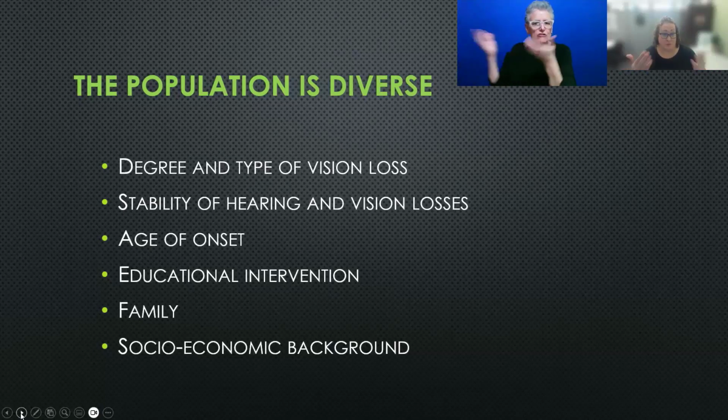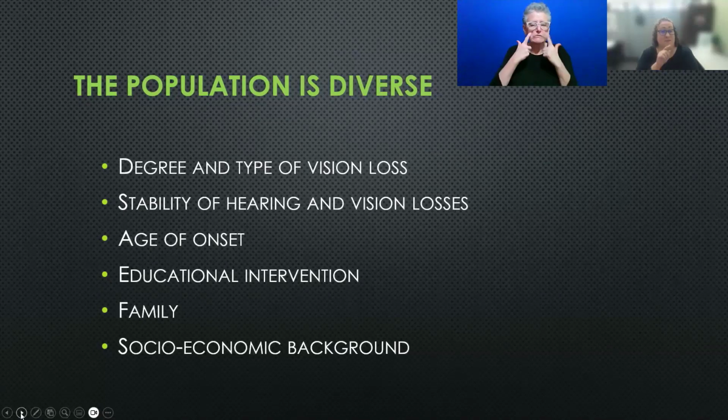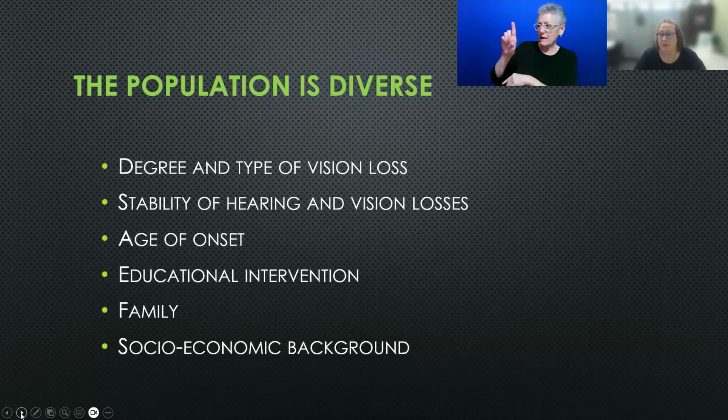So that would include severe acuity loss, the blurriness, as well as field loss. And it also includes progressive losses. So someone might have very good vision now, but according to their file, their vision is going to progress over time. Even right now, that person can be supported by DB Central.